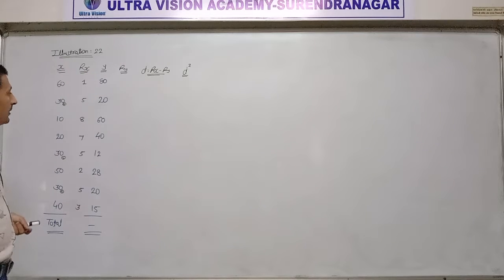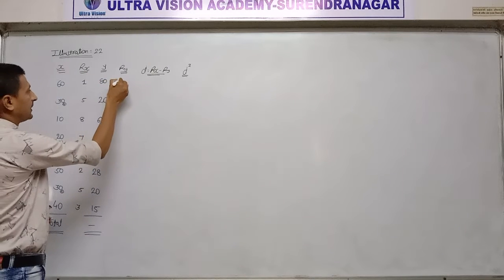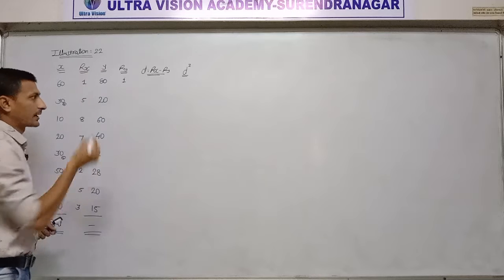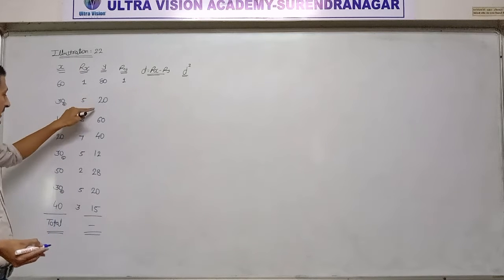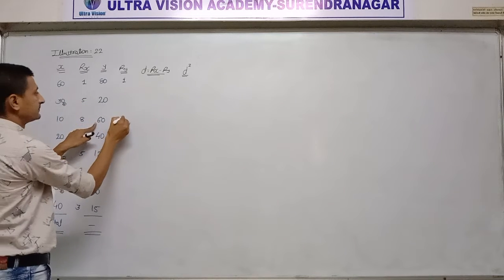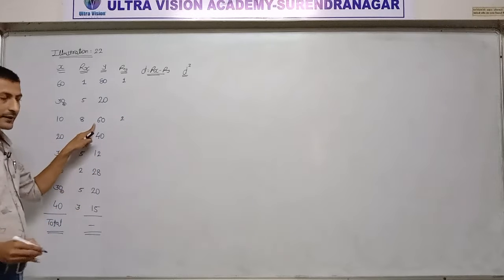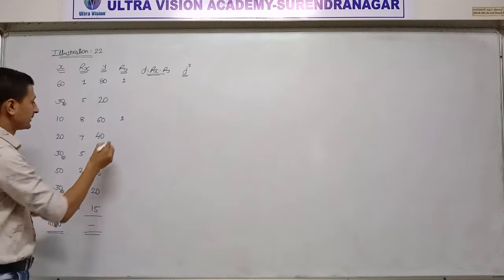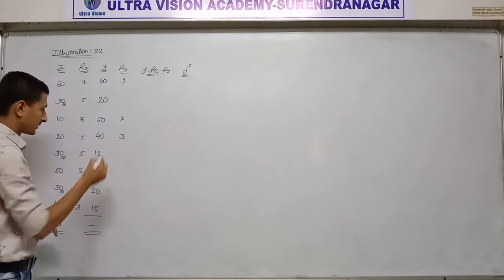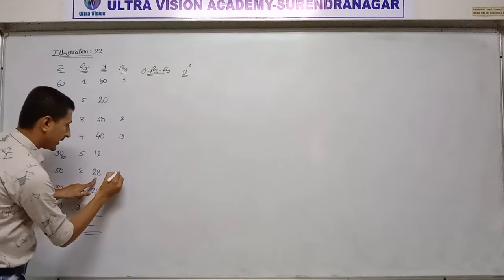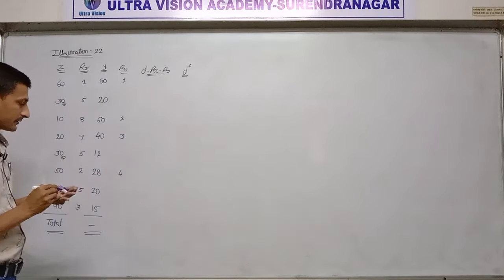Okay, the values of variable y: the highest value 80 is the first rank. Okay, next 60, second rank; 40, third rank; 28, fourth rank.